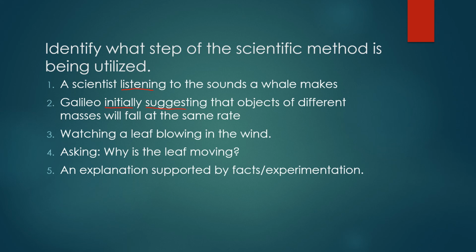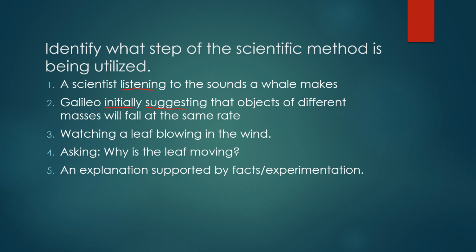So would it be a hypothesis or a theory? It would be a hypothesis because it's using the word initially, right? His educated guess. He's suggesting, which means he doesn't know, so it's not a theory yet. He doesn't have any data to back it up yet. So number 2 would be a hypothesis part of the scientific method.